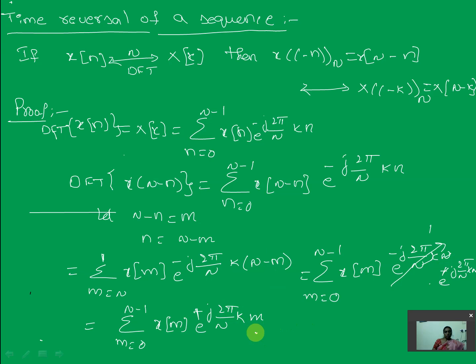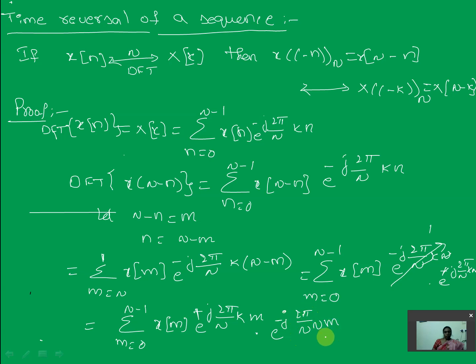Now just consider one more exponential function like this, e power j 2 pi by N times capital N m. If N cancels, e power minus j 2 pi m gives the value one.